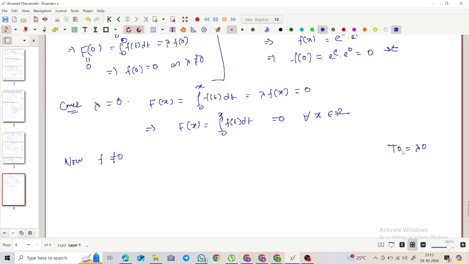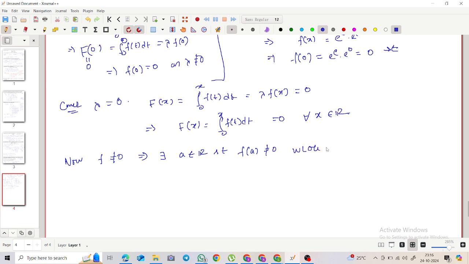So 0 is an eigenvector corresponding to every eigenvalue. Thus whenever we discuss eigenvectors, we don't consider 0. Now this implies there exists a belonging to R such that f(a) is non-zero.